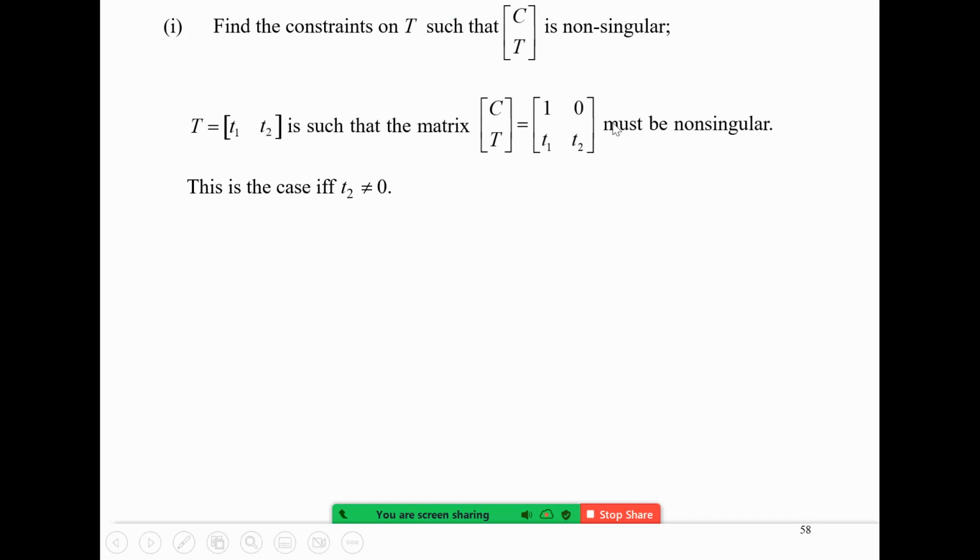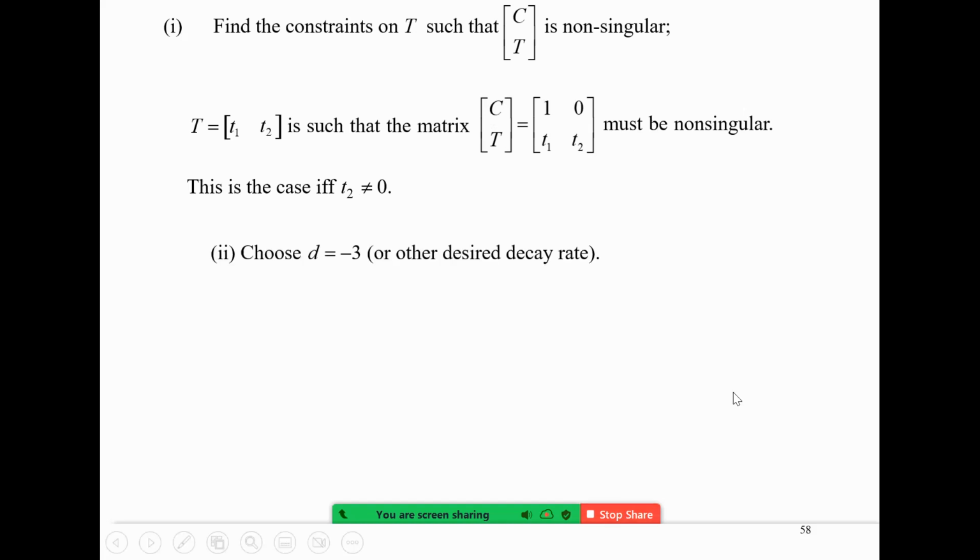This is a square matrix, and this matrix has to be non-singular. And easily you can say how to make it non-singular. As long as T2 is not 0, right? T2 is not 0. Okay.